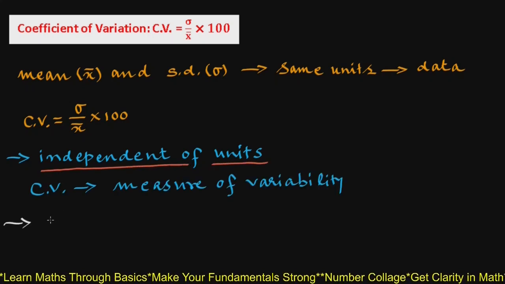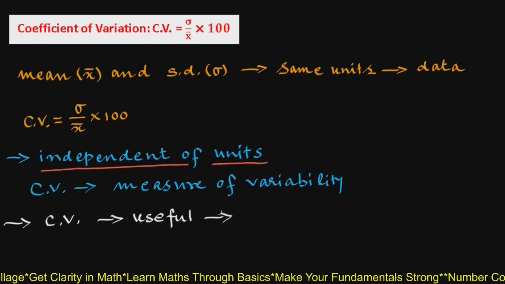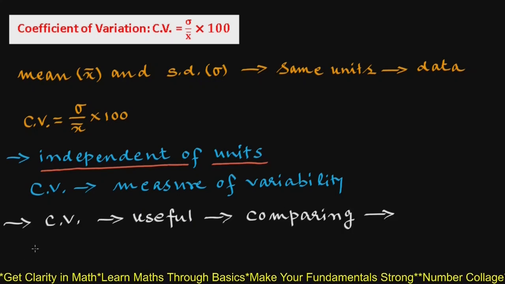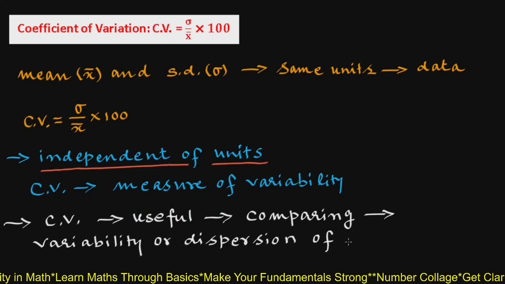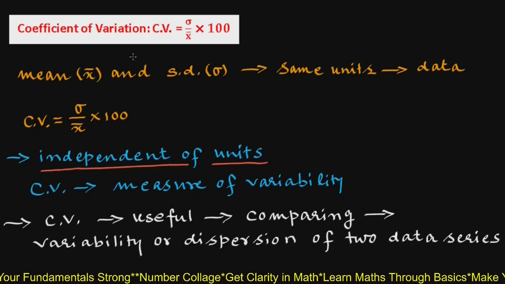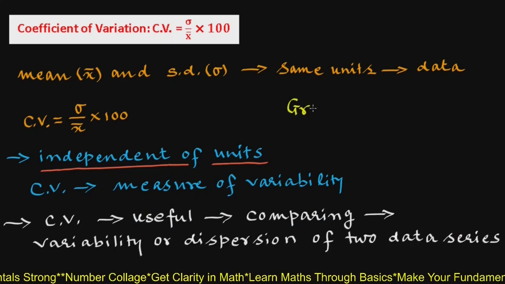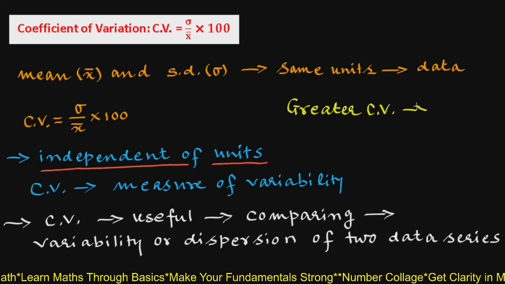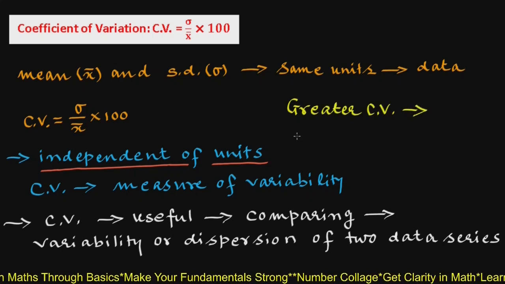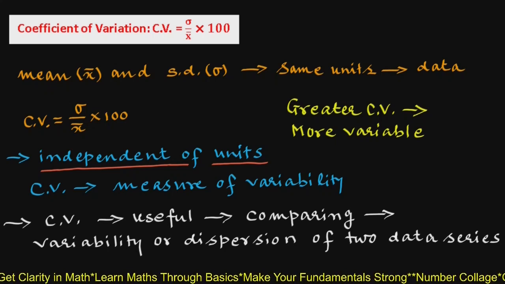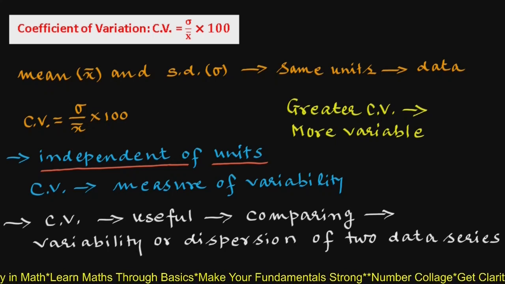It is useful for comparing variability or dispersion of two data series, and the data series with greater CV is said to be more variable as compared to the series with smaller CV.